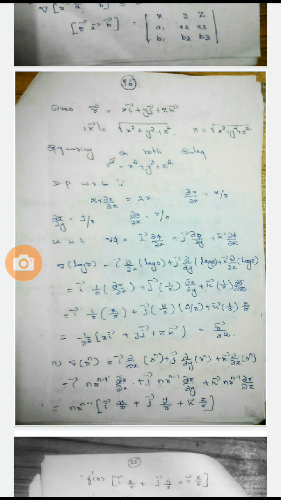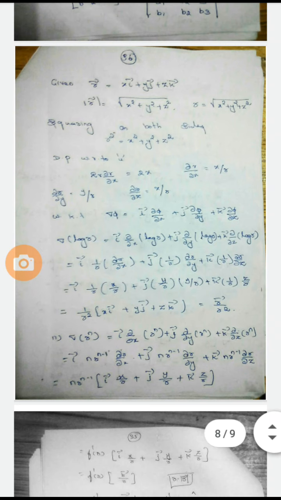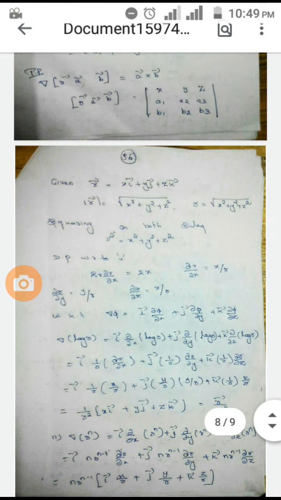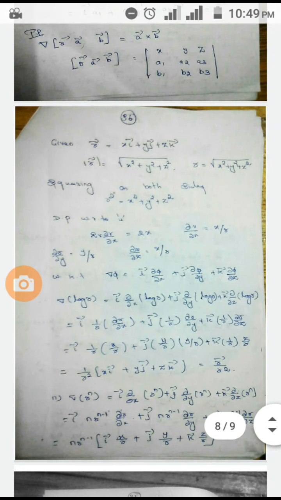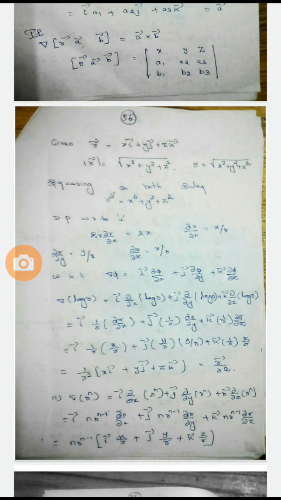Now, squaring on both sides, we get r square is equal to x square plus y square plus z square. Now differentiate partially with respect to x. We get 2r into dou r by dou x is equal to 2x, so dou r by dou x is equal to x by r. In the same way, dou r by dou y is equal to y by r, and dou r by dou z is equal to z by r.